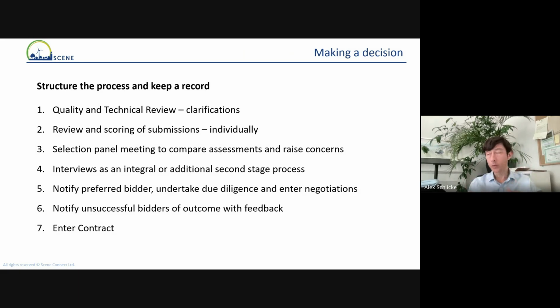That process might give you a clear winner, but it might then mean that you've got a further decision-making process to take place.